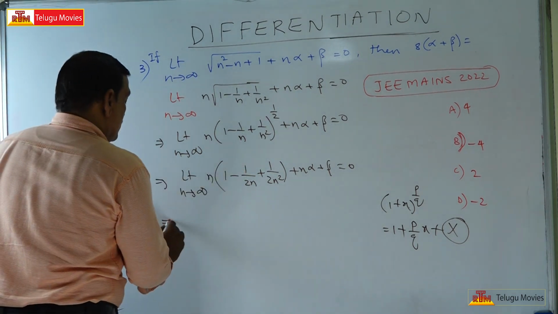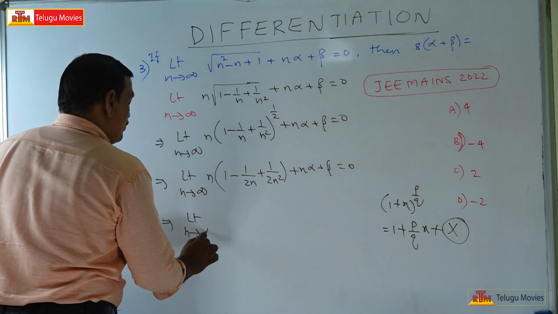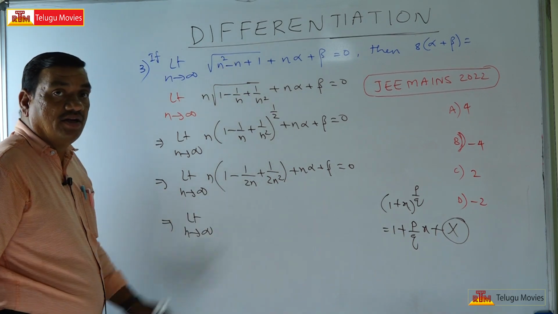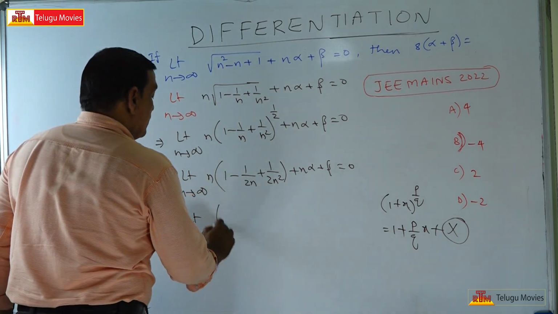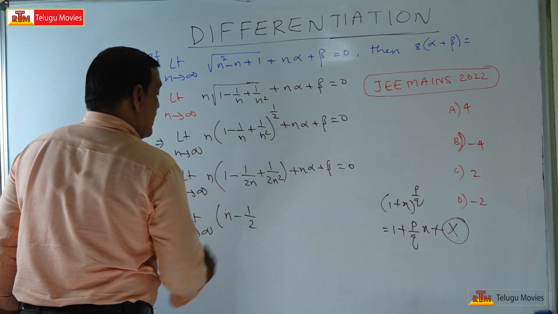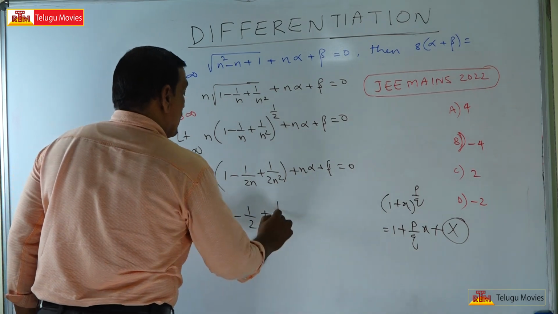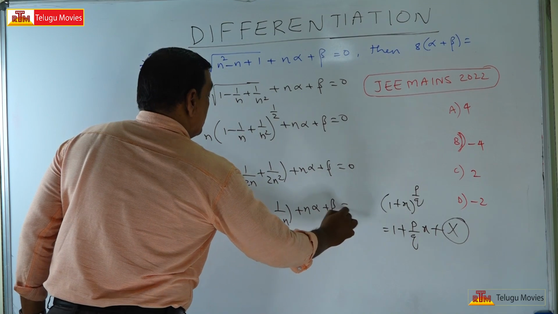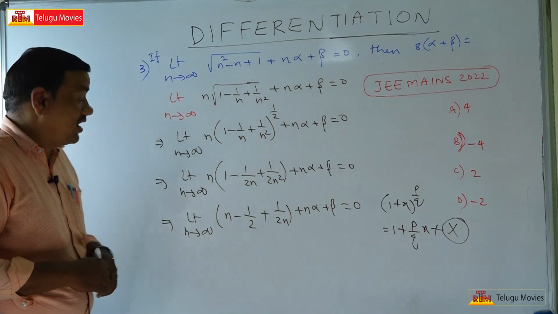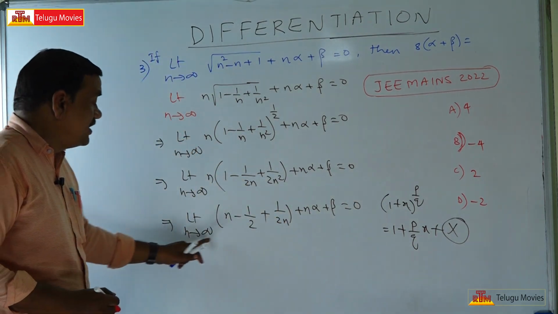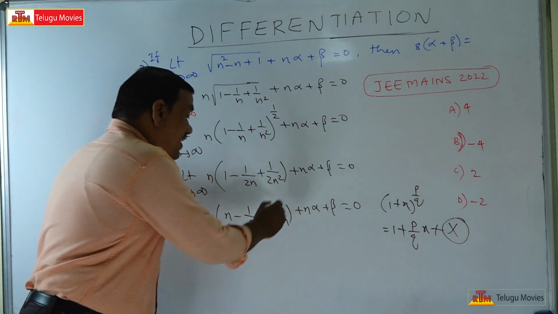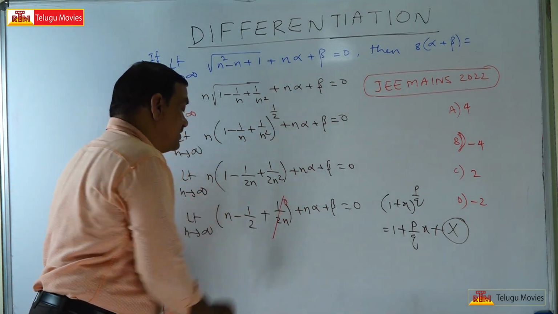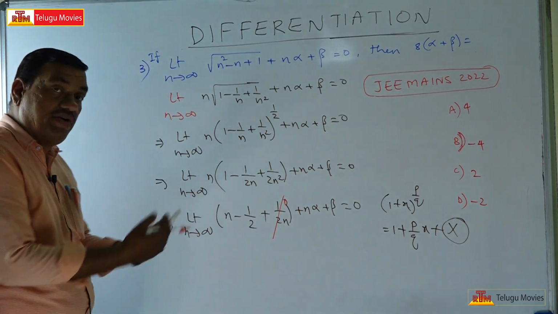Next, this implies the limit as n tends to infinity. Take n inside the bracket. You will get n minus 1 by 2 plus 1 by 2n plus n alpha plus beta is equal to 0. Now as n tends to infinity, 1 by n tends to 0, so avoid 1 by 2n.